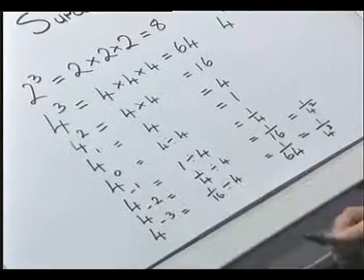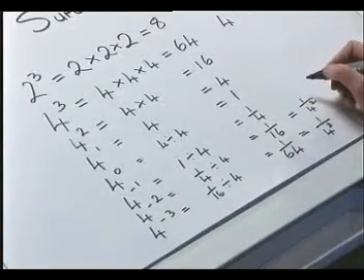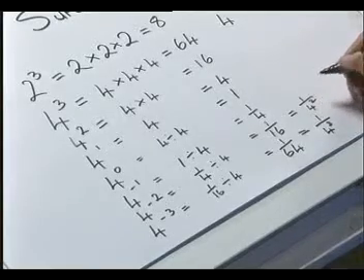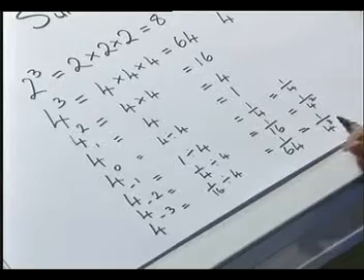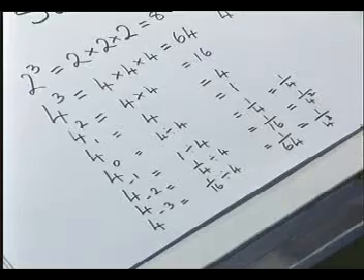And 4 to the negative 1 must equal 1 over 4 to the power 1, which is 1 over 4. So negative powers give you the reciprocal of the number. That is 1 over the number.